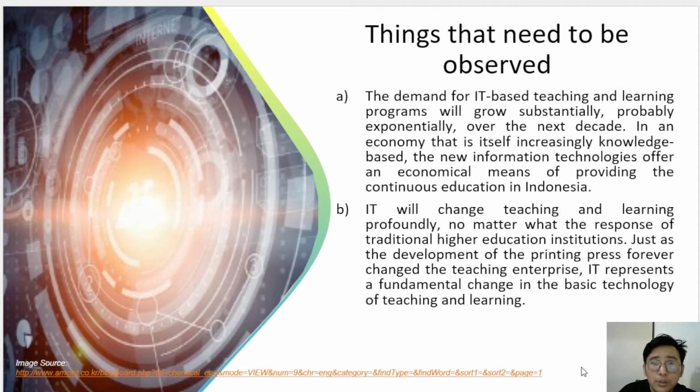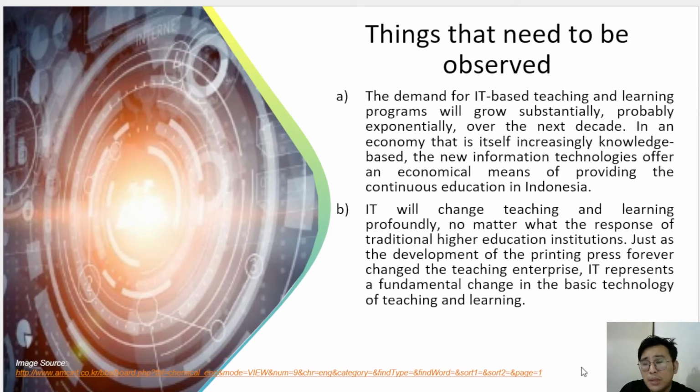And in the future, when we get to Generation Z, there would be even bigger changes on the IT side, because even Generation Z couldn't live without IT.